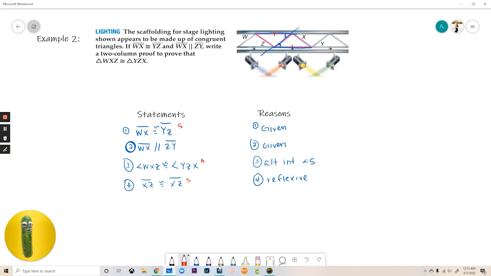And that is true because this angle up here, this WXZ, is in between the two sides that we talked about. So yes, this last step, we can say that triangle WXZ is congruent to triangle YZX using side angle side.